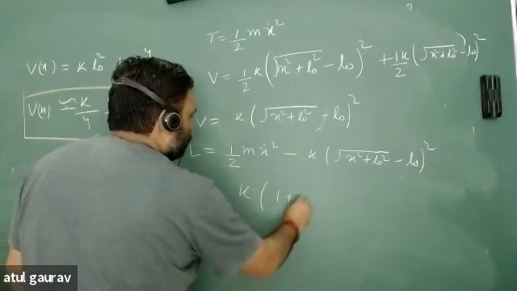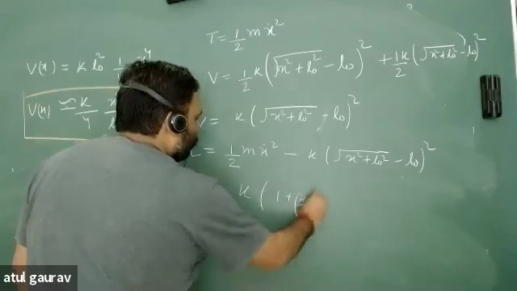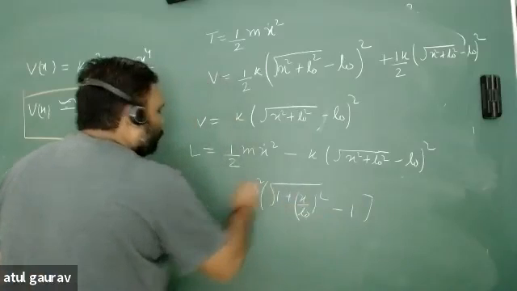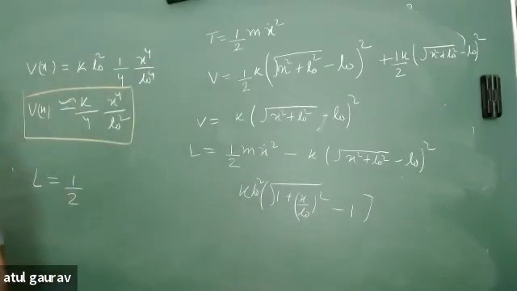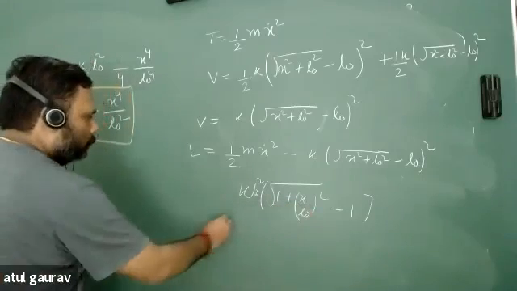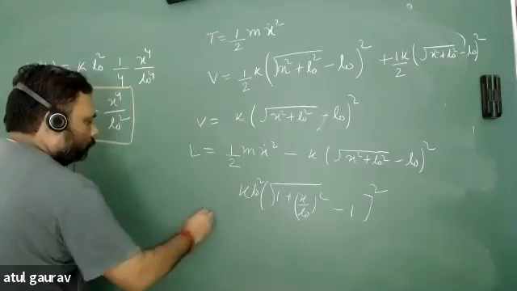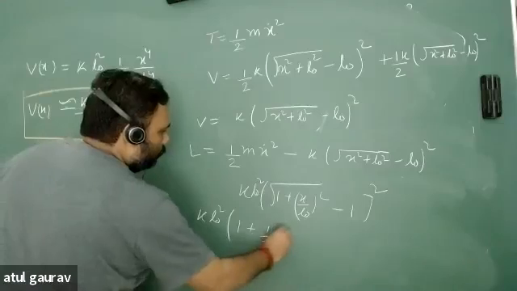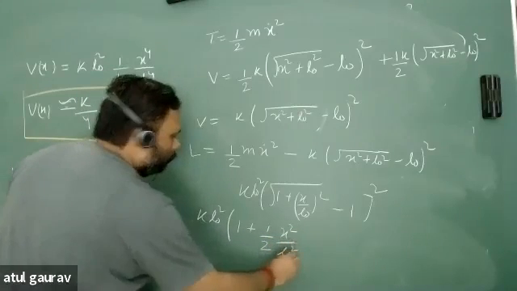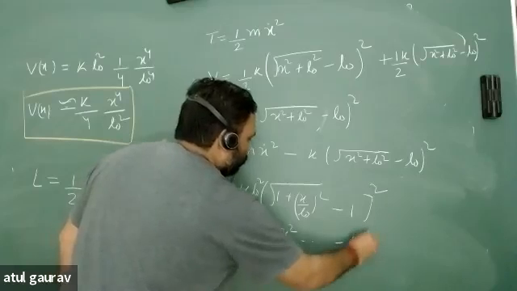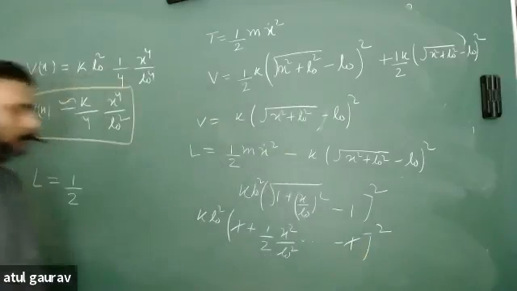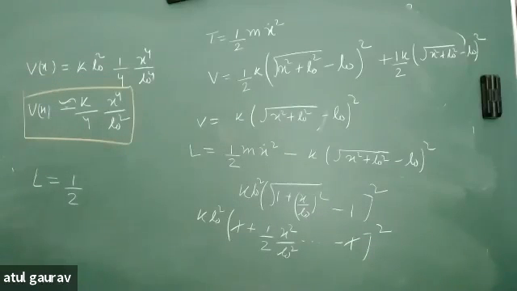You have root of 1 plus (x by L naught) whole square, minus 1. This is the only thing. Now expand it, and this is square. This and this cancel. So what is the problem here? Okay. So this is the same thing.